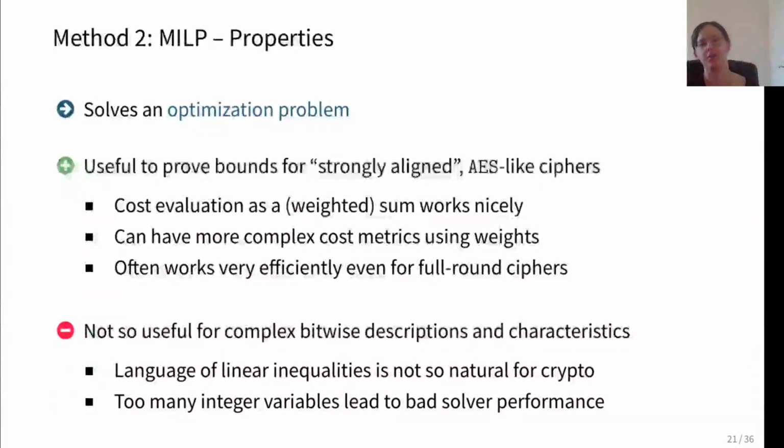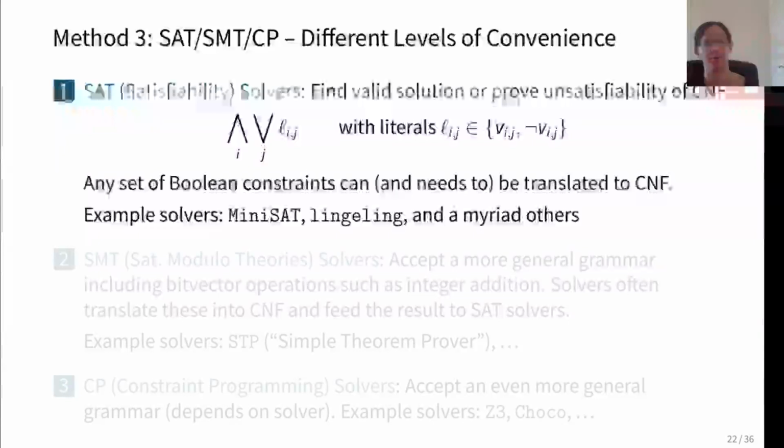Now, we're only going to look very briefly at the third method because it shares some similarities with MILP solvers. So the third method that I mainly want to mention but not describe in detail is the case of satisfiability solvers. And this actually comes in several different levels of convenience, I would say. So the very basic and classical approach, that is however usually not so convenient, is to use a SAT solver or satisfiability solver straight as is.